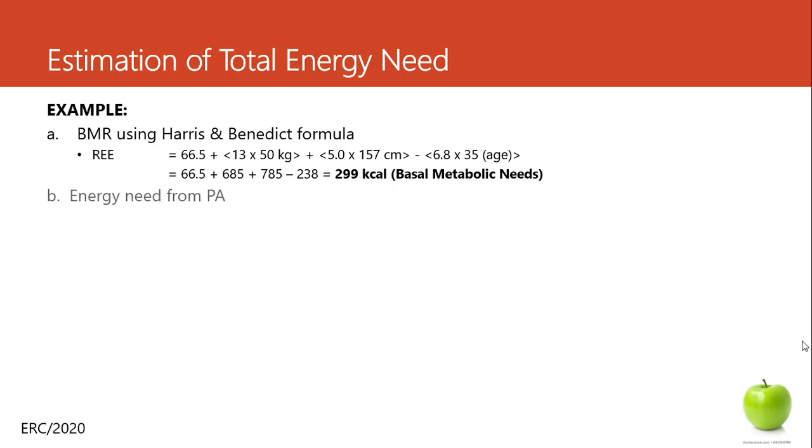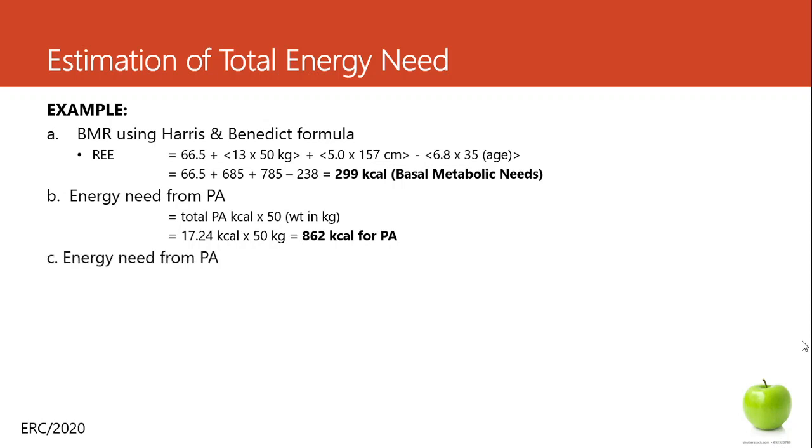Okay, let's reserve that. Then for the energy need for the physical activity, we have the total physical activity kilocal multiplied by 50, weight in kilograms. So 17.24 kilocal multiplied mo siya sa 50. So we have 862 kilocal for physical activity.